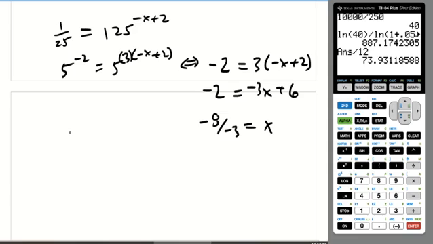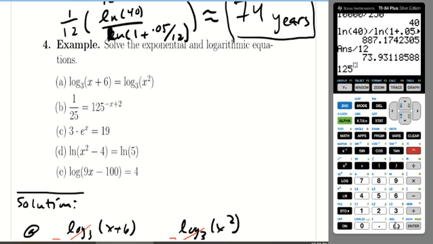Of course, you'd want to check your work. Okay, so 125 raised to the power of negative 8 over 3 plus 2. I read that wrong.